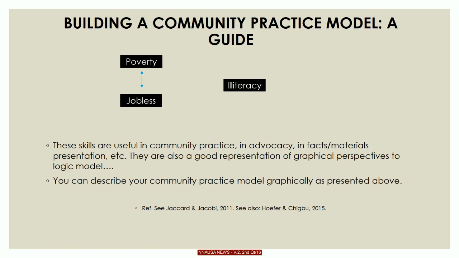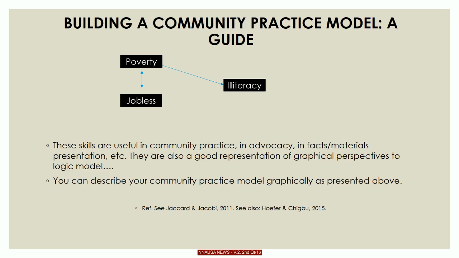Now I go to the next one, illiteracy. If I want to say that, in fact, illiteracy is caused by poverty, what do I need to do? How I do that is by doing this. Yes, poverty is causing illiteracy, or illiteracy is caused by poverty.